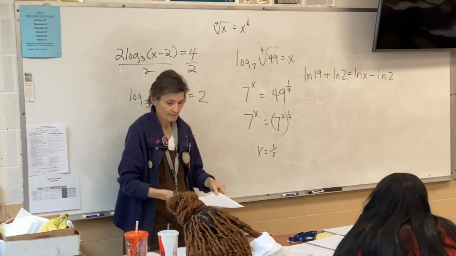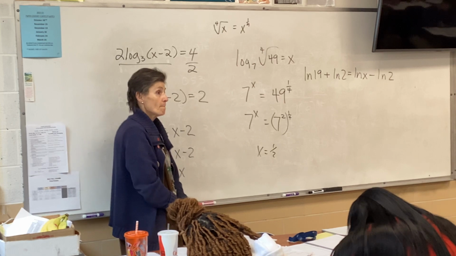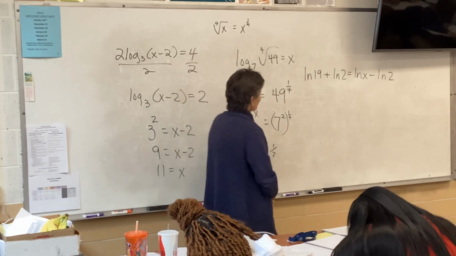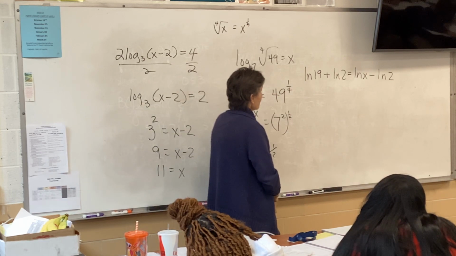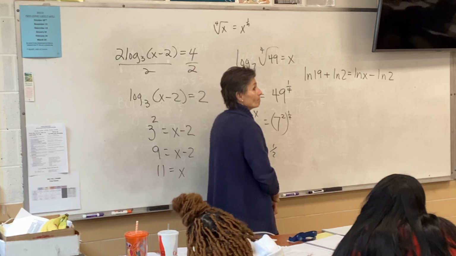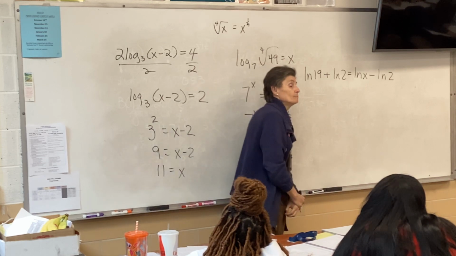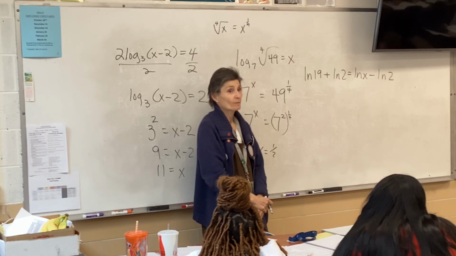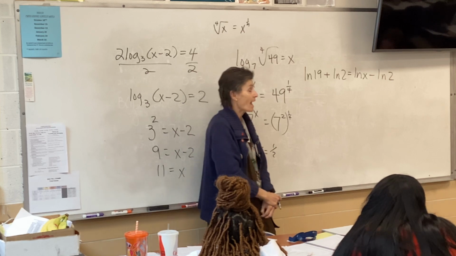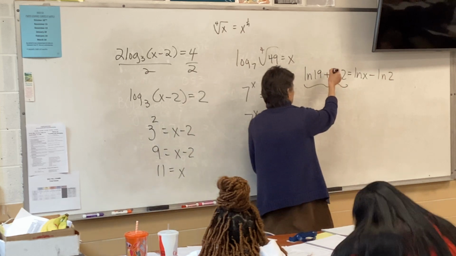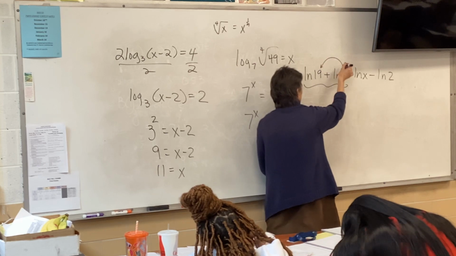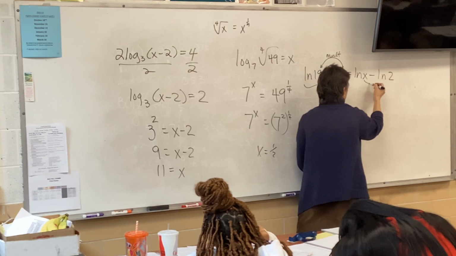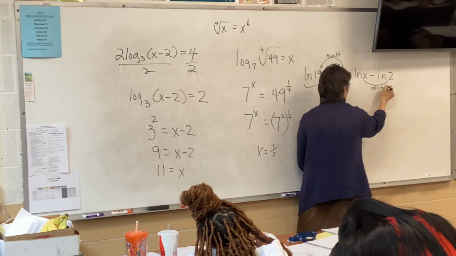Anybody have a thought? Jake? So, it's 36 is equal to x over 2, because all those ln's are equal, right? So 9 times 2 is 36, and x divided by 2. So in his own special way, Jake has said these logarithms need to be combined. We have to put these two together. Since that's a plus, these two are being multiplied. Since this is a minus, these two are being divided.